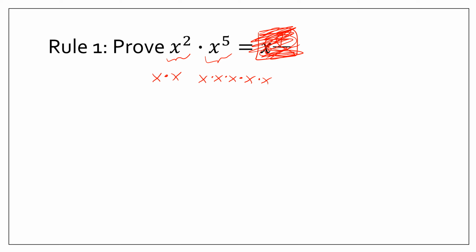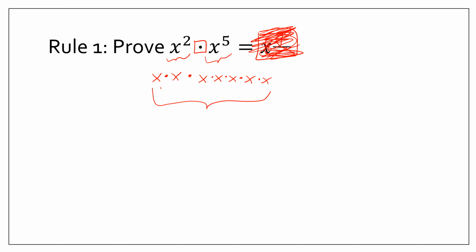So I have x squared here, and I have x to the fifth here, but I am multiplying these together. And so look at what situation I have now. Now I have just a ton of x's multiplied together. And so if I put these back into exponential form, how many x's do I have now?